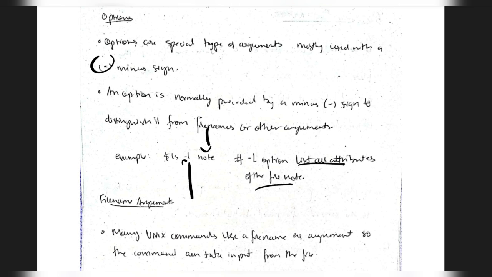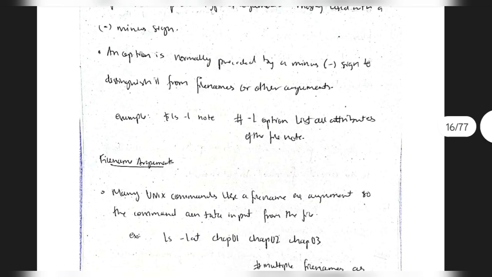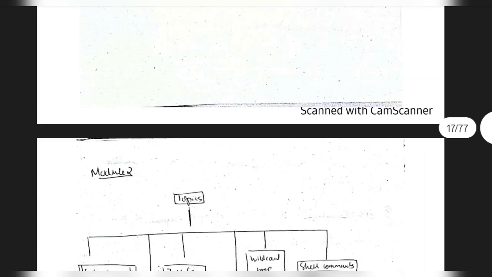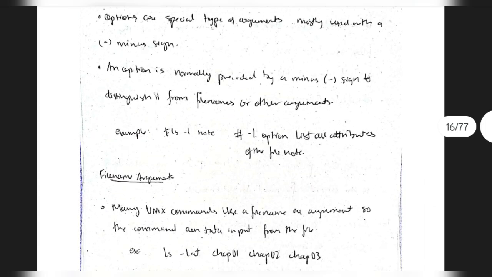Note, this is the argument on which the operation is performed, and l is the option, which is what we want to do: list all the file attributes of the particular file. And we can pass the file name arguments here. We can have multiple file name arguments also. And yeah, that's basically it about the first module.